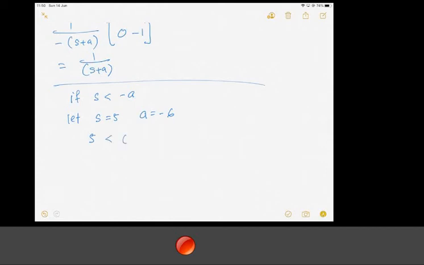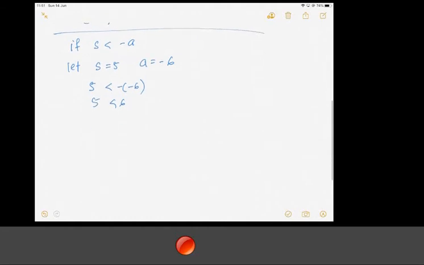Is it correct? So s is less than negative a, negative a is 6, so this is correct, right? So we check negative s minus a. We get negative 5 minus a, so this is negative 5 plus 6, so it's a positive 1. So we get the positive value.